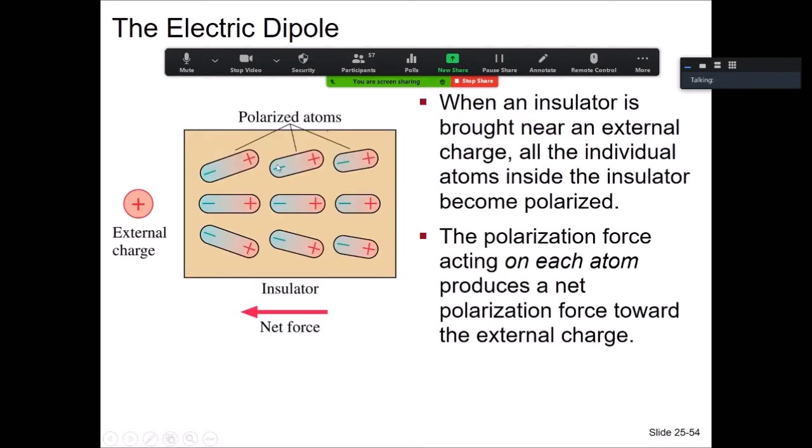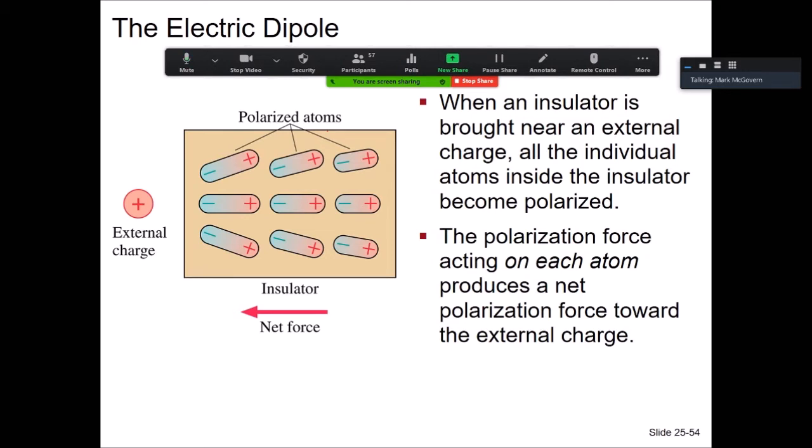All right. So when you look at an insulator, that's what's happening. When you look into an insulator, the charges aren't free to move like they do in the conductor. And so what happens is the atoms experience this micro polarization inside them.